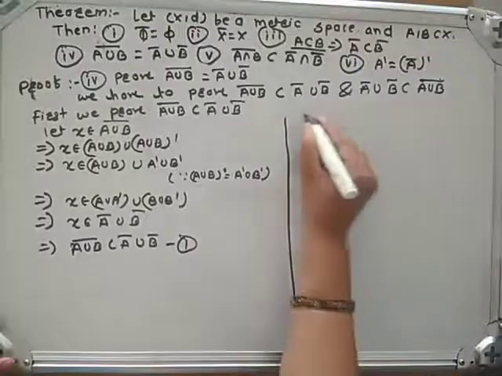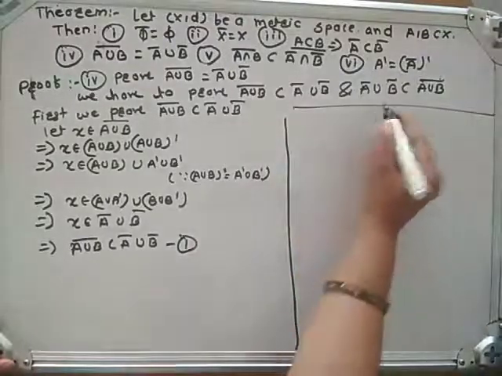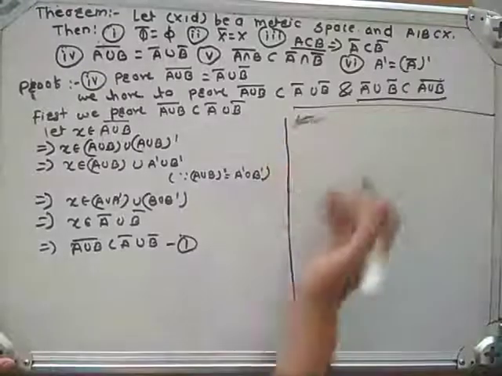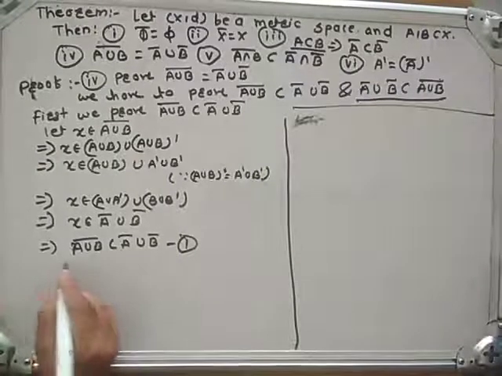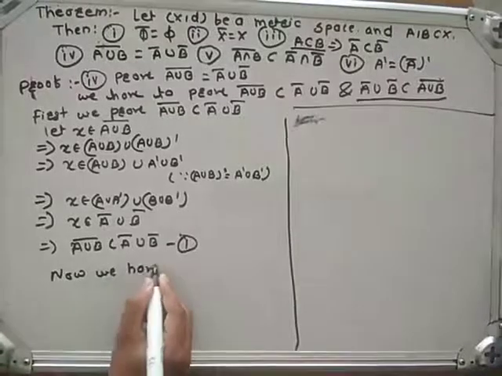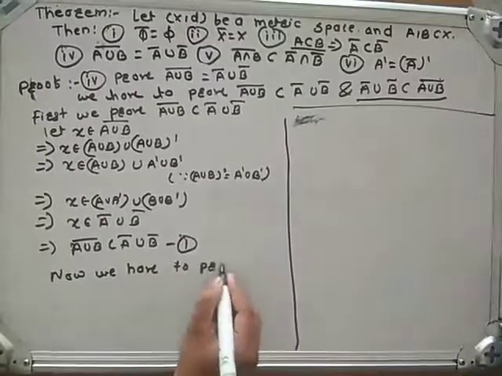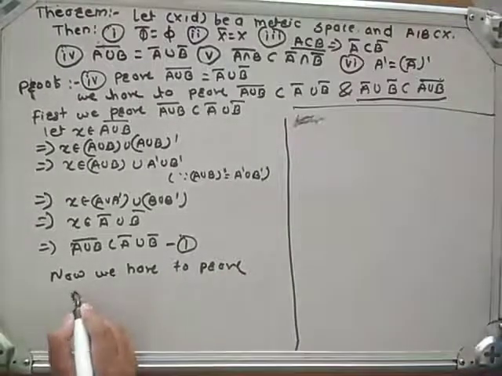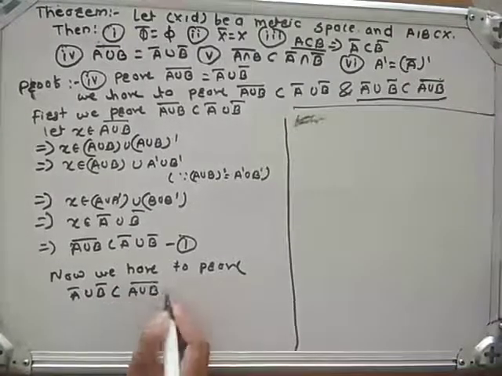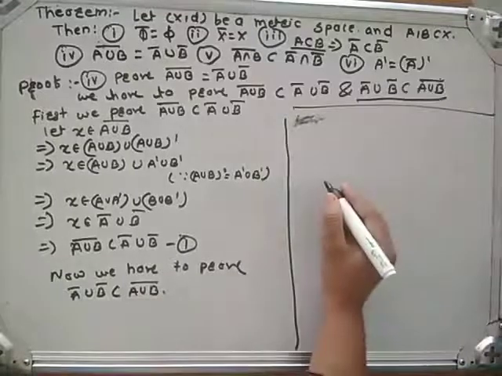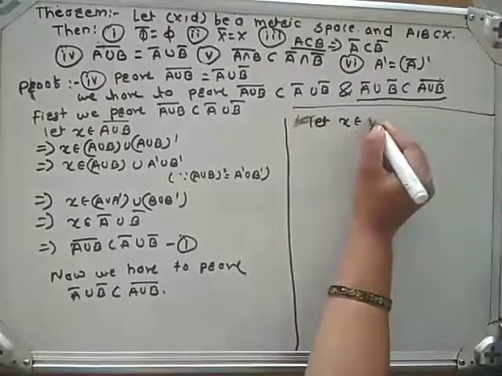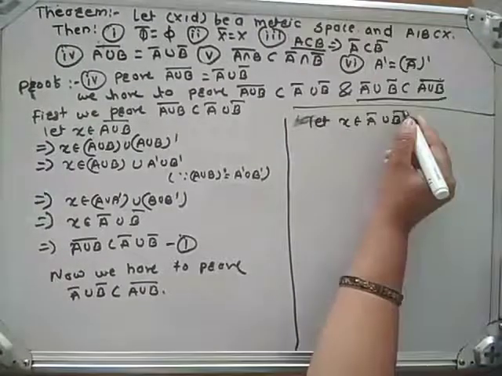Now we will prove the other part. We have to prove A closure union B closure is a subset of closure of A union B. For this, let x belong to A closure union B closure.